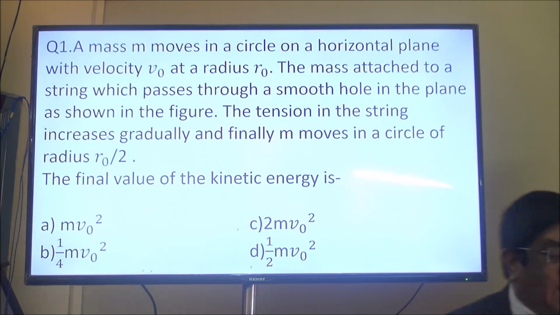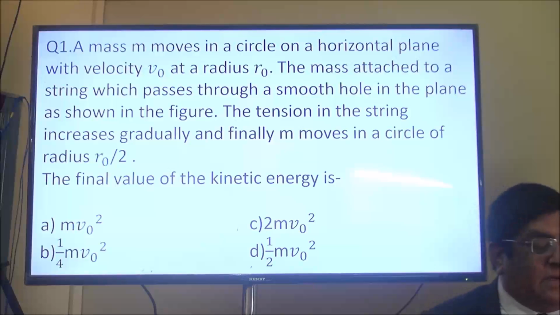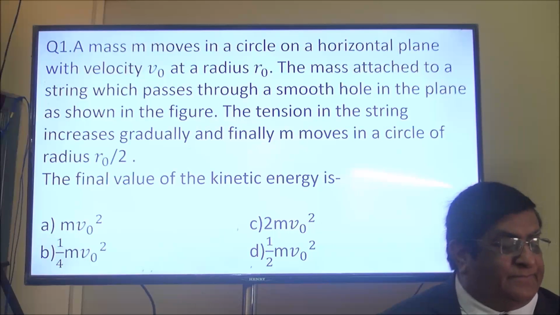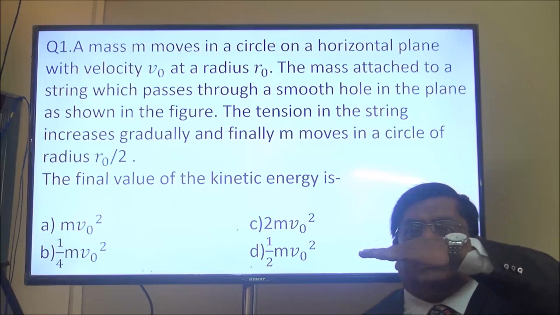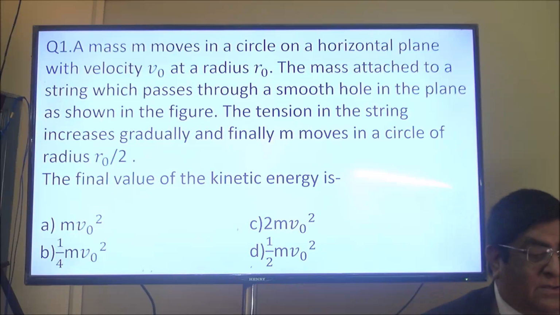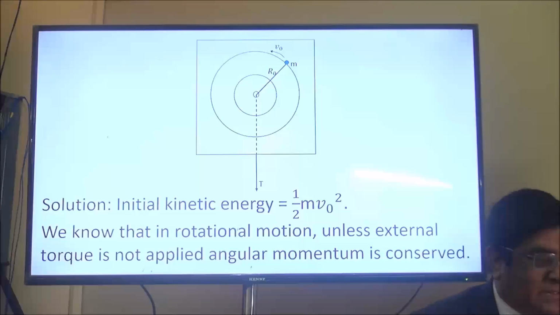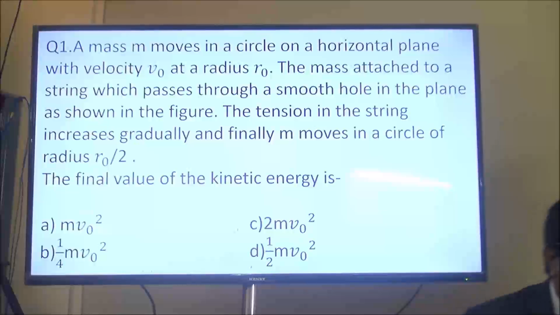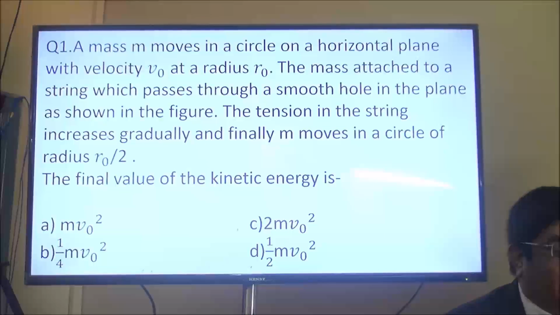A mass m moves in a circle on a horizontal plane. There is a horizontal plane. A mass m moves in a circle on a horizontal plane with a velocity v0 at a radius r0.